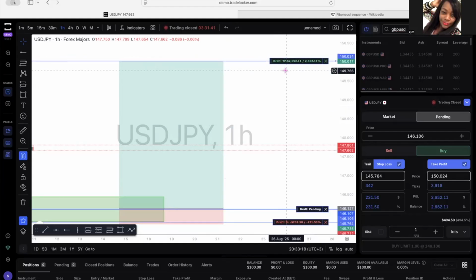Like I said, it's the same thing on TradeLocker. It's the same thing on TradingView if you're using a broker that uses TradingView. The only difference is you're trading units versus lot sizes. The equivalent to a standard lot is 100,000 units, so you just have to figure that part out.